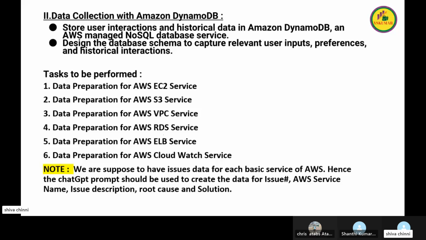We are supposed to have the issues with the data for each of these AWS services. Then we can integrate a ChatGPT prompt so that it creates the data for our collection with DynamoDB: issue, AWS service name, issue description, as well as root cause and solution.